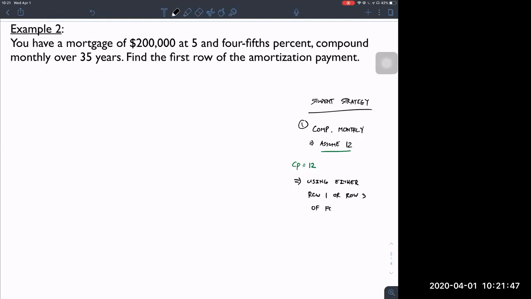Can anyone tell me why? Because there's like N and I, the variables you use CP for.